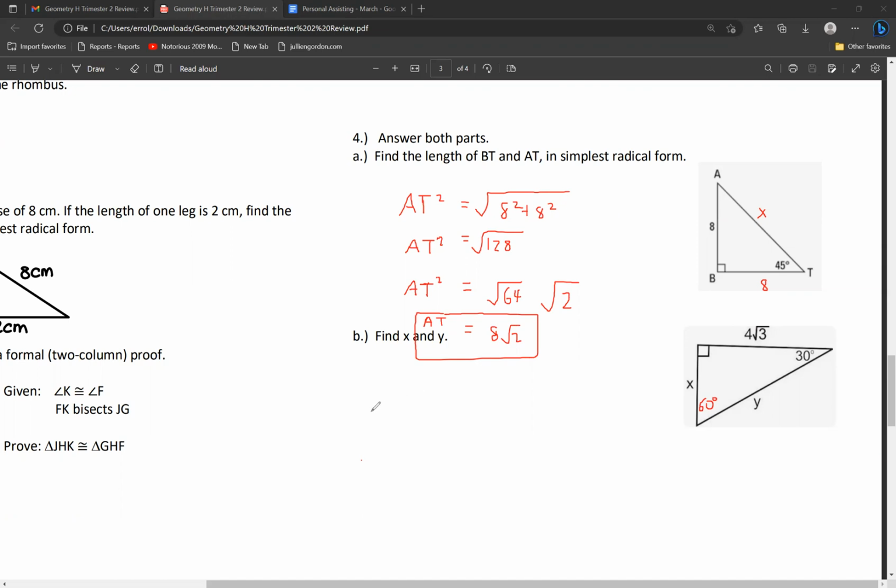What I did was, because the one on the 30 angle is 4 radical 3, I did 4 radical 3 divided by radical 3, and it gave me 4. Where is this one coming from? This is the way my teacher taught it to me. If it was a radical 2, you put it over a radical 2. No, wait.